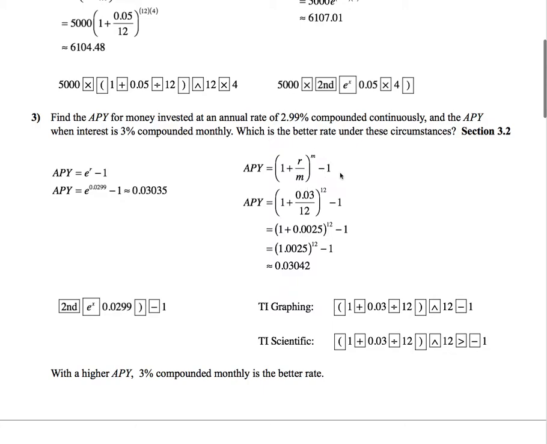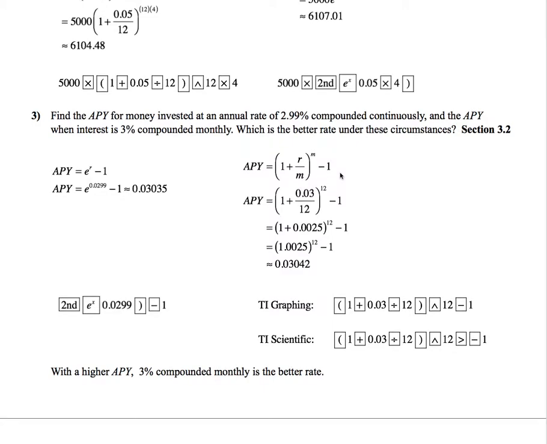And so the rate for monthly compounding is 0.03. Monthly, of course, means 12. And so 0.03 does divide out nicely into an easily terminated decimal, 0.0025. And so if you want to, in your calculation, enter 1.0025 raised to the 12th, you can do that.